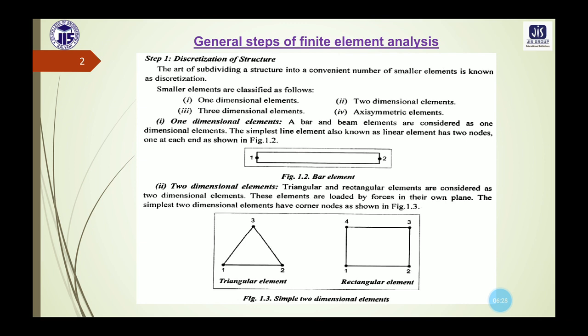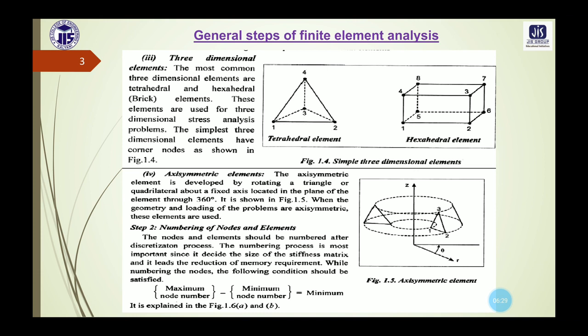Triangular and rectangular elements are two-dimensional elements. Tetrahedral and hexahedral elements are three-dimensional elements. And axisymmetric elements are developed by rotating a triangle or quadrilateral about a fixed axis located in the plane of the element through 360 degrees.